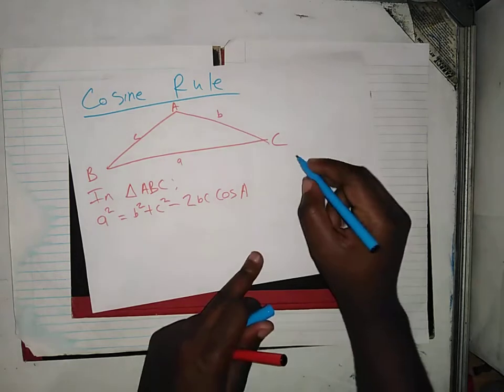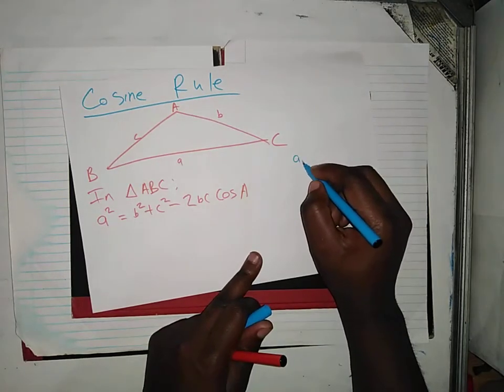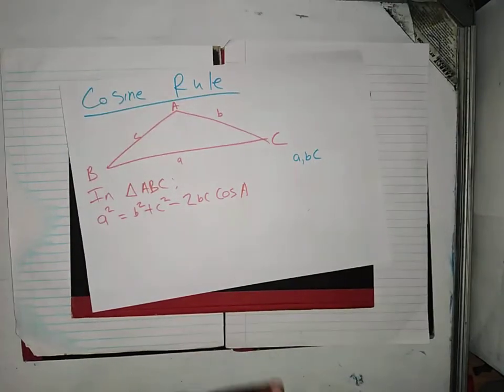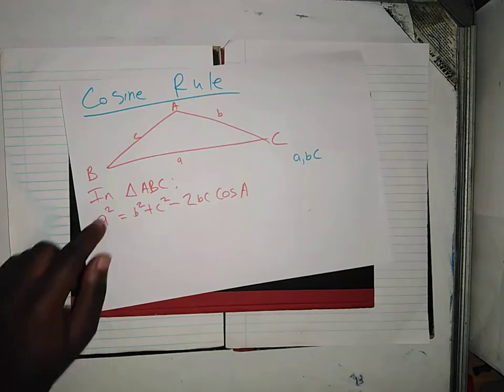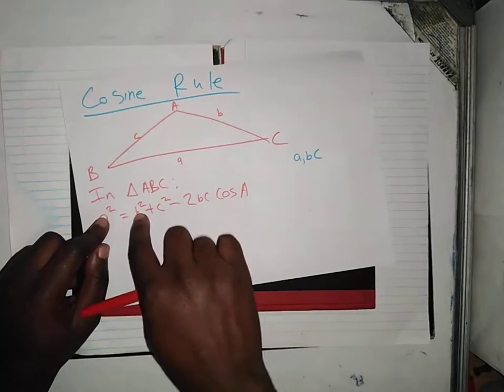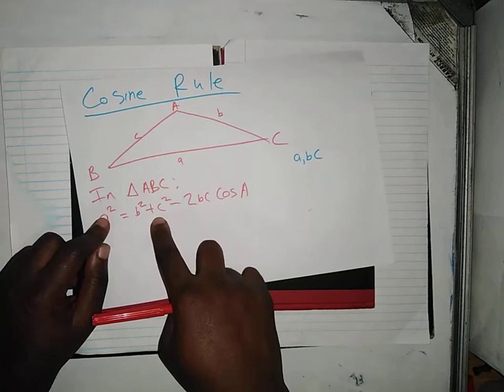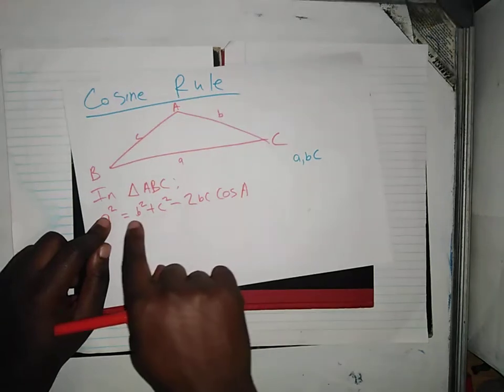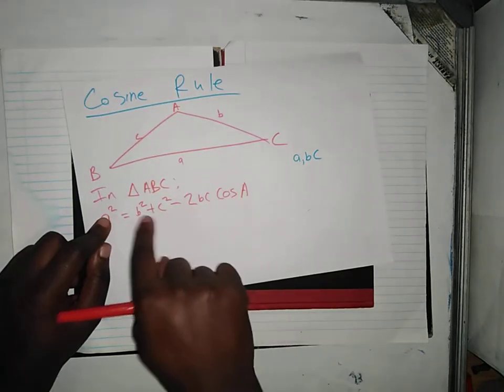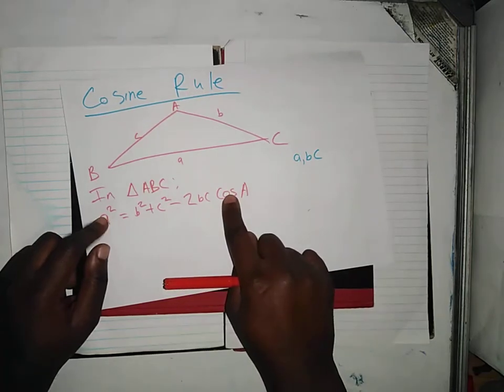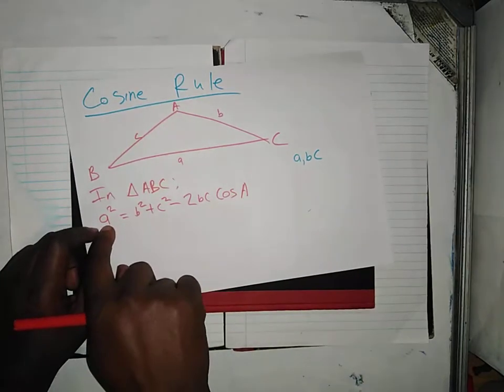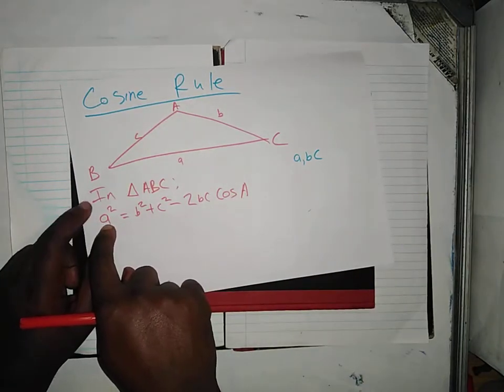When you take a squared as the subject of the formula, you have b squared plus c squared, and then minus 2, and you must take the two sides that you used here, and then cos of the angle that corresponds with this side.